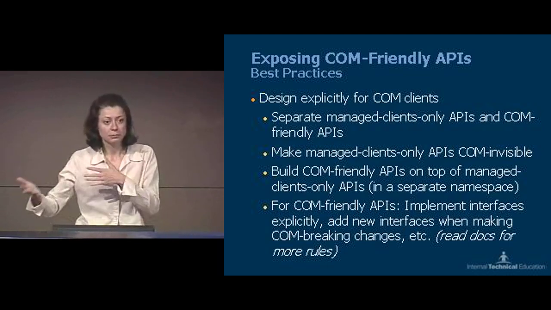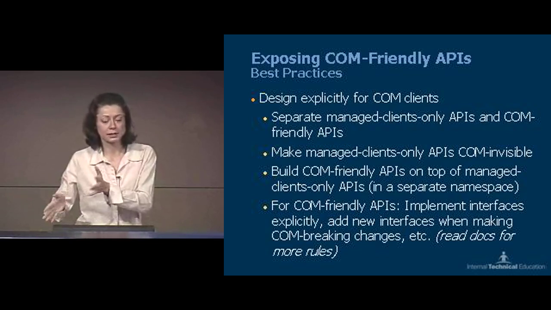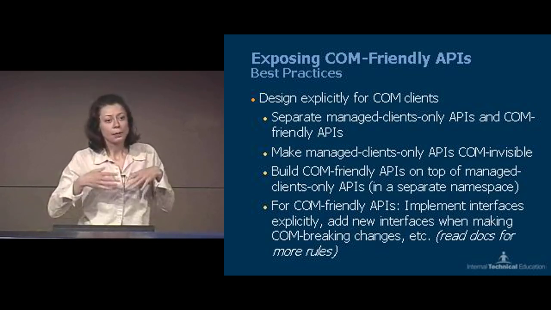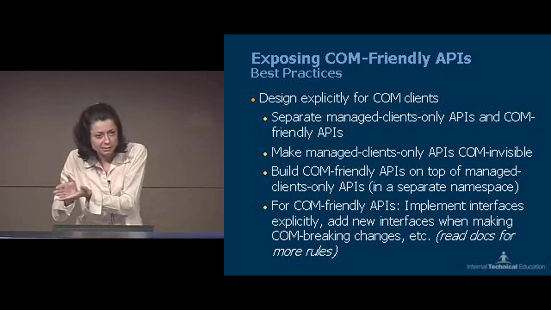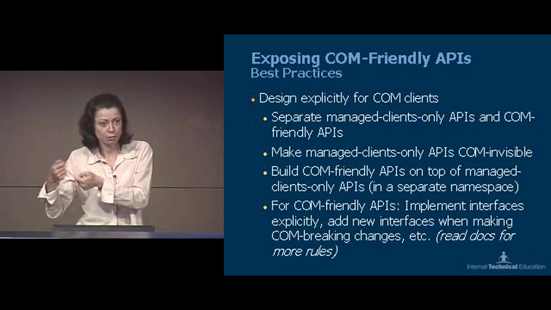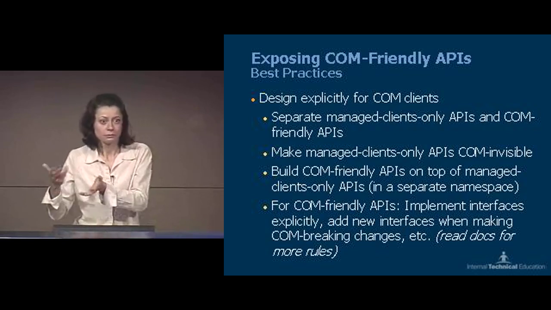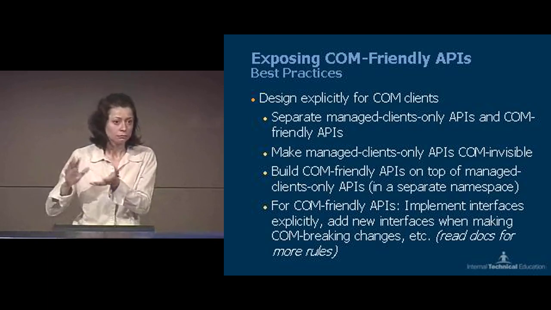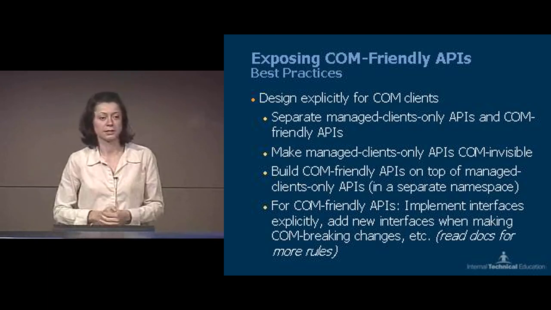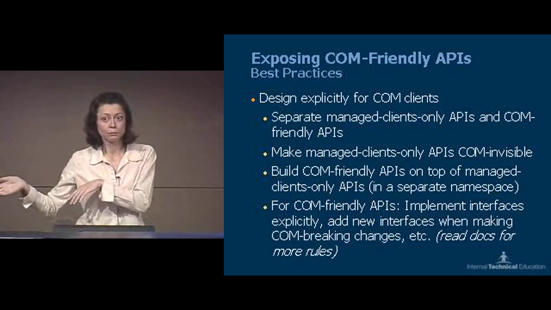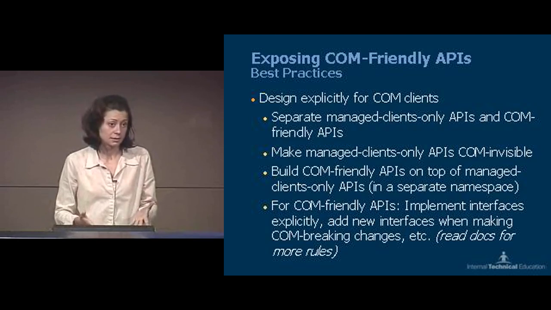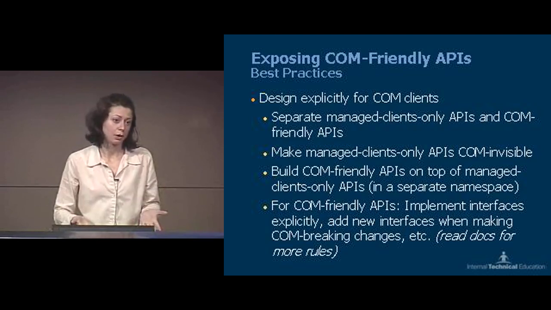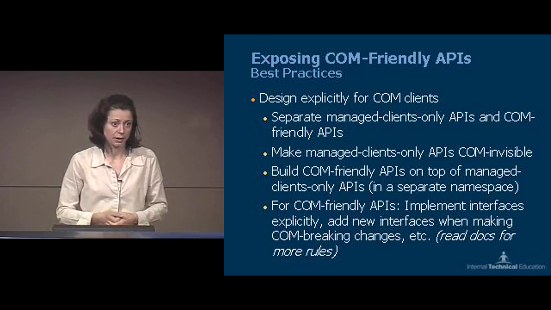Or you can approach somewhere in the middle, which is like, well, I won't expose everything I have to COM clients, but just this basic little functionality, I'll just expose 2-3 classes. That is not too bad. So you can decide to kind of split functionality that way. And the third way that we'll be talking about next is really the preferred way, which is if your COM clients are C++ clients, just recompile them with the new C++ compiler.